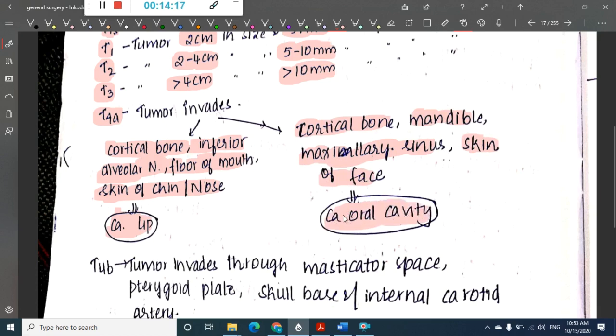So in carcinoma lip, it involves the cortical bone, inferior alveolar nerve, floor of mouth, skin of chin and nose. In carcinoma oral cavity, it invades the cortical bone, mandible, maxillary sinus and skin of the face.